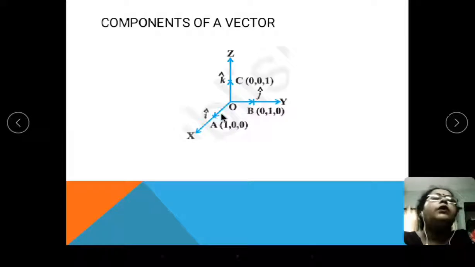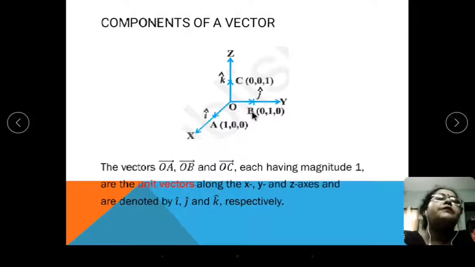So now what can we tell about the vector OA? Vector OA, we can easily tell that this is then a unit vector in the x direction, because the direction is along the x-axis and its length is 1. And the standard notation for a unit vector in the x direction is denoted by i.